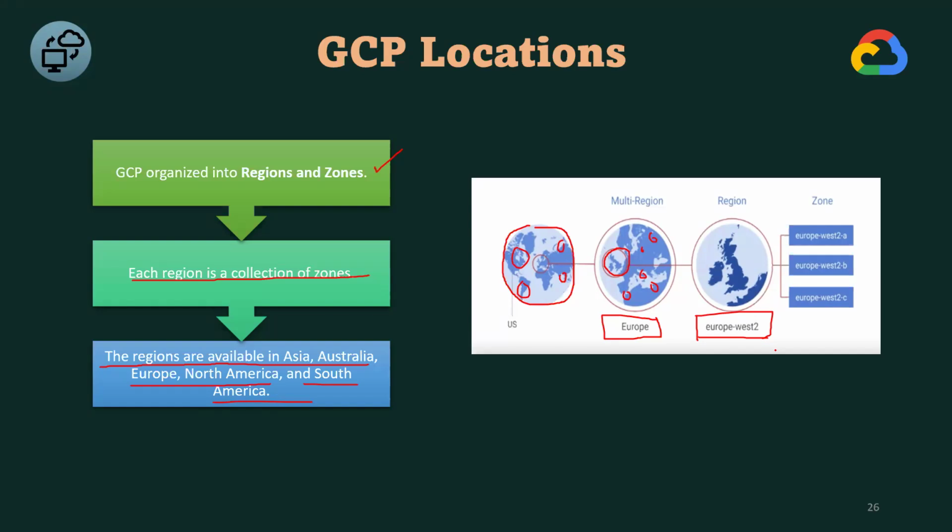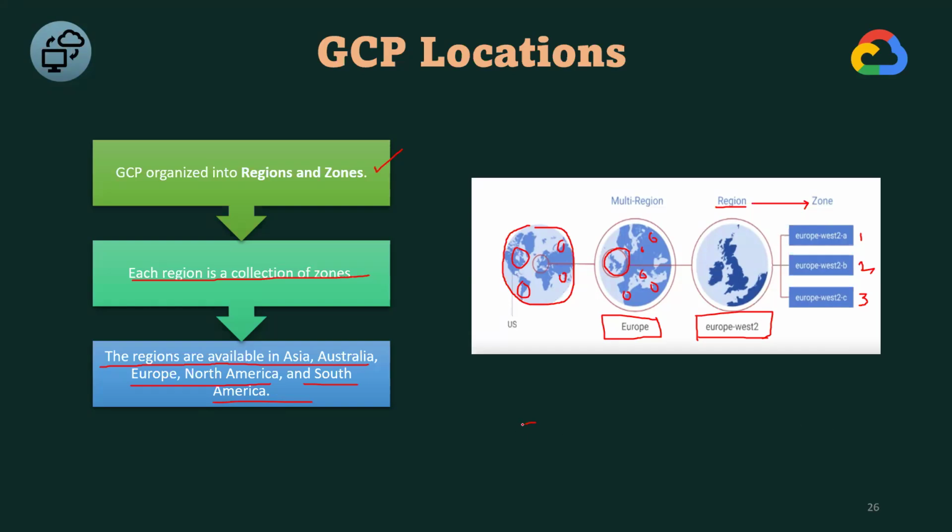And each region is a collection of zones, as I told you. You can see here, this particular region is a collection of zones. At least 3 zones will be there, 1, 2, 3. Look at the nomenclature also: Europe West 2A, Europe West 2B, Europe West 2C. So this is how a minimum of 3 zones will be there, guys. The maximum can be anything, but a minimum of 3 zones should be there in each region.